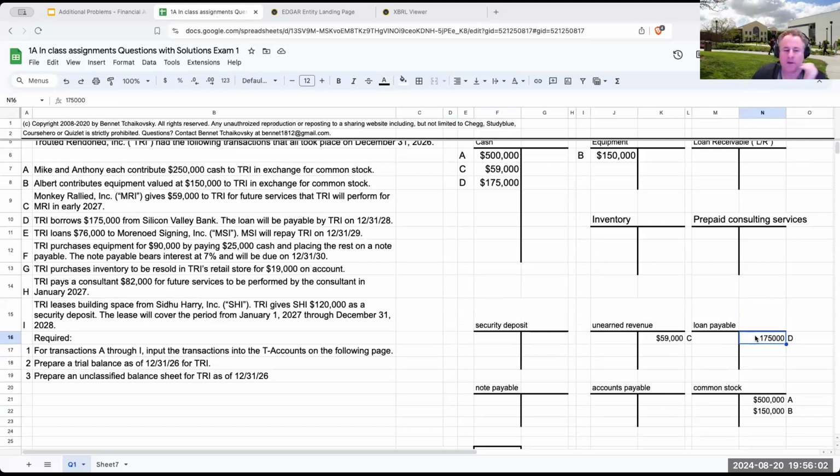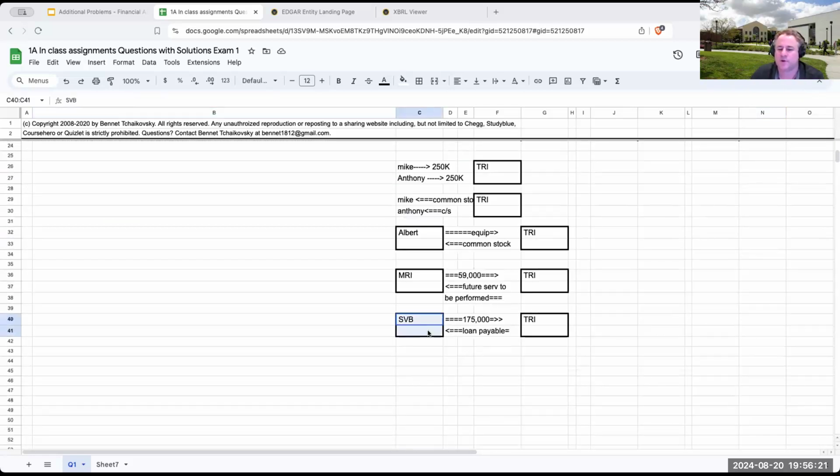All right. TRI loans. So we're giving money to Morenode Signing Inc., MSI. MSI will repay us in a couple of years. So what's happening here? Well, I'm giving money to MSI. So let's take a look at this one over here.